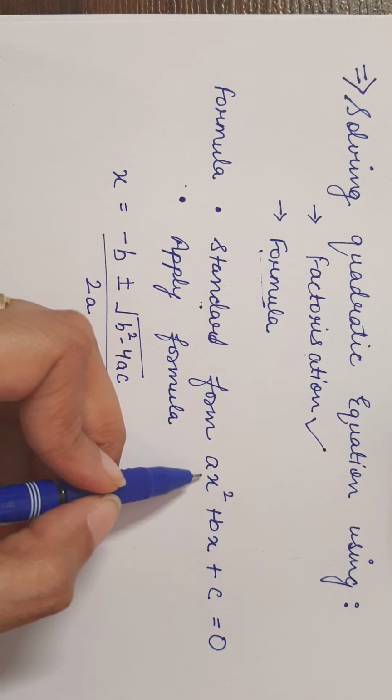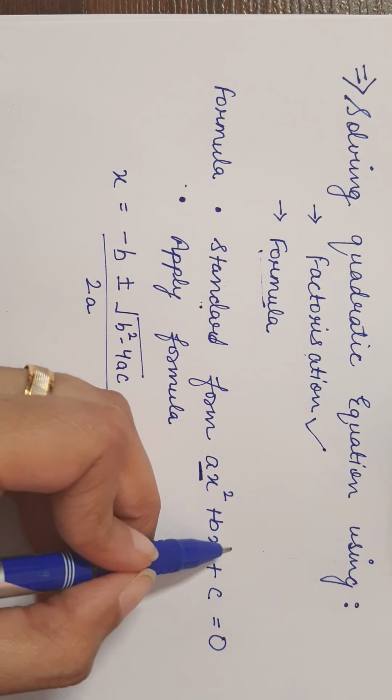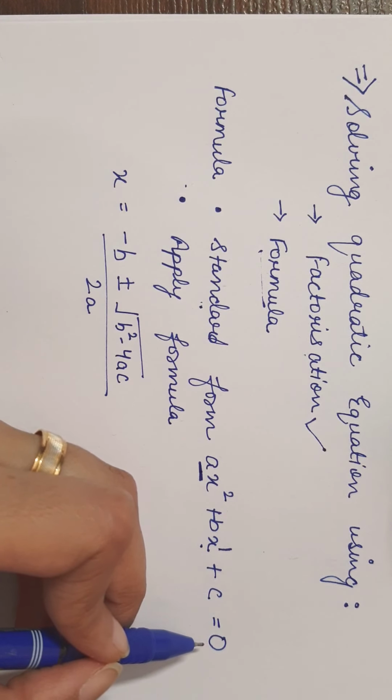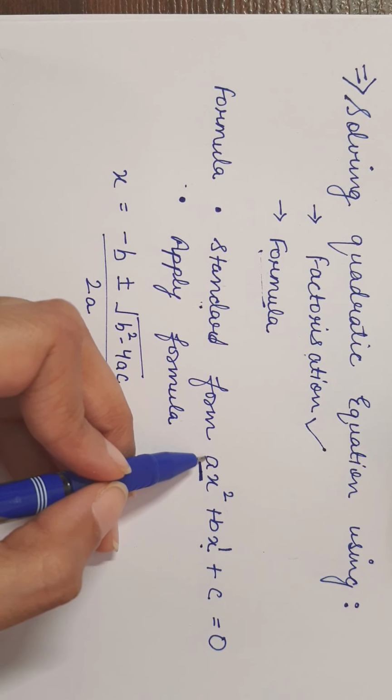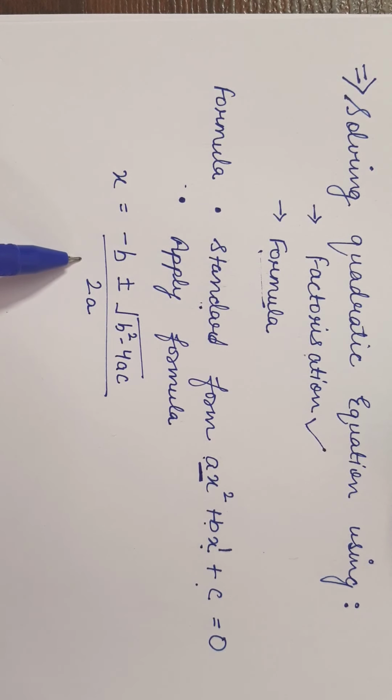That means first we will have the highest power term, then the term of power 1, and then a constant term, and on the right hand side it is always going to be 0. Then on the coefficients a, b and c we are going to apply this formula.